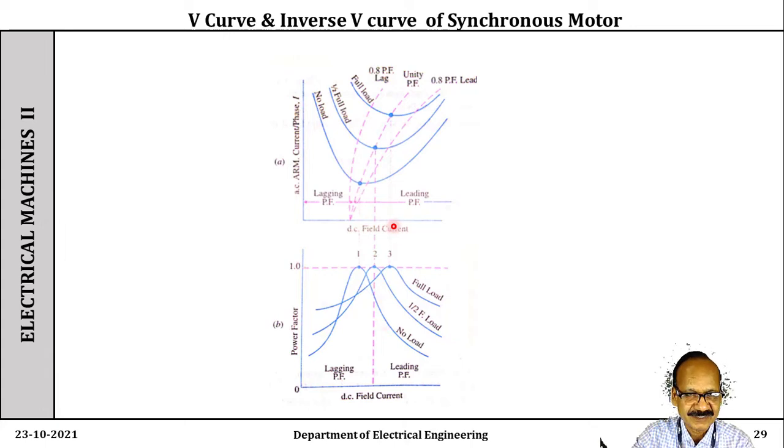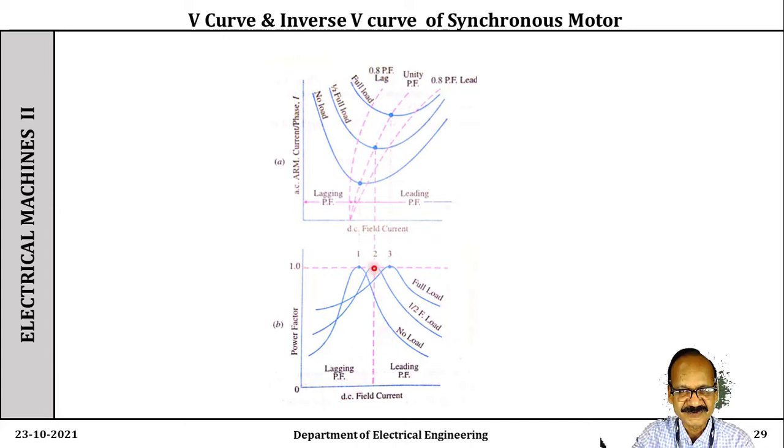Similarly, if we plot a graph of power factor on the y-axis against the field current on the x-axis, you will get the family of curves at no load, half load and full load. The curve looks like an inverted V, and hence it is known as the inverted V curve or power factor curve. If you observe carefully, at no load, the power factor becomes unity at a less excitation.